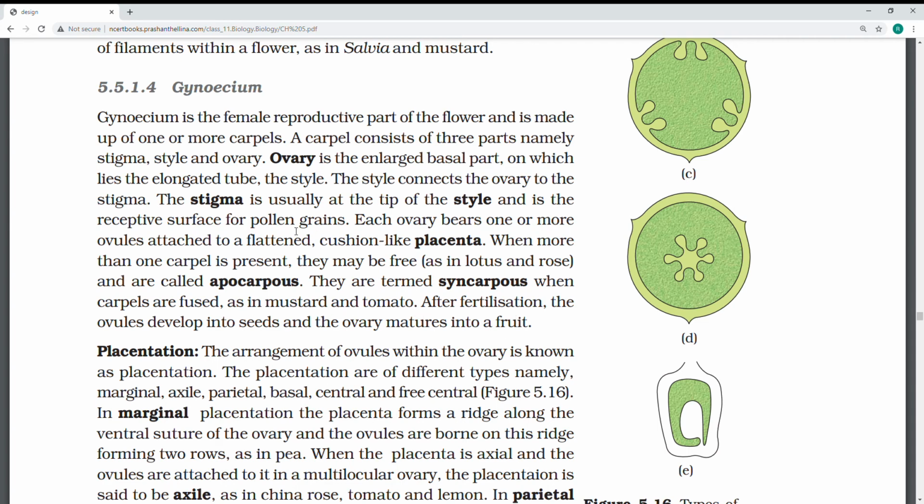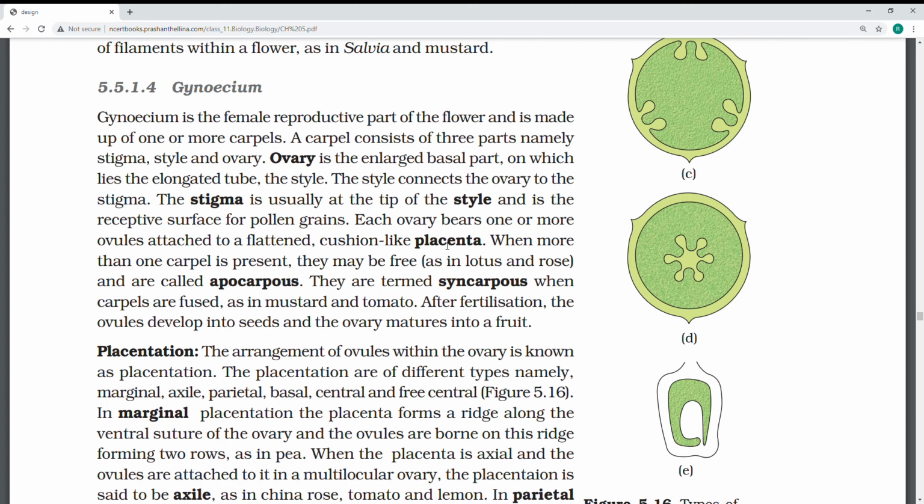The stigma is usually the tip of the style, which is the receptive surface to accept the pollen grain. When a pollen grain falls on it, the stigma accepts it. Each ovary bears one or more ovules attached to a flattened cushion-like placenta.